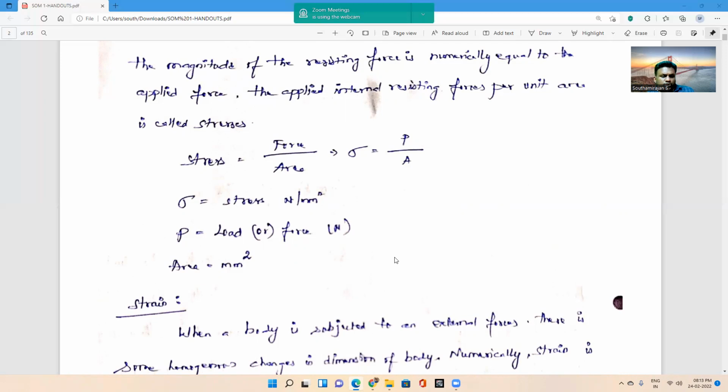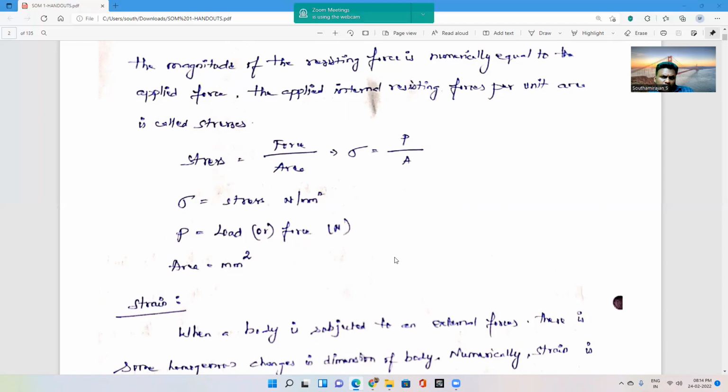That is divided by the respective area on which the load is applied on the surface, which is measured in mm square. If the object is rectangular, the area will be length into breadth. If it is a square member, it will be A into A, or else it may be a circular member.